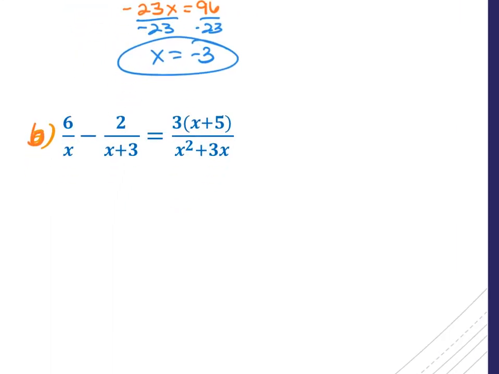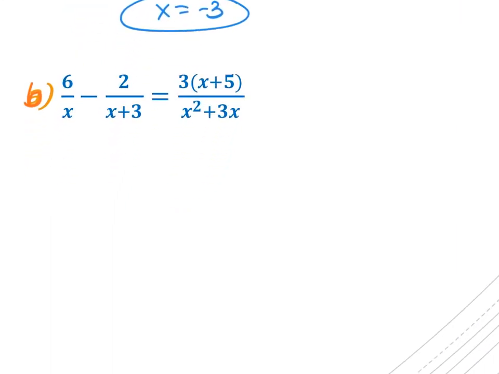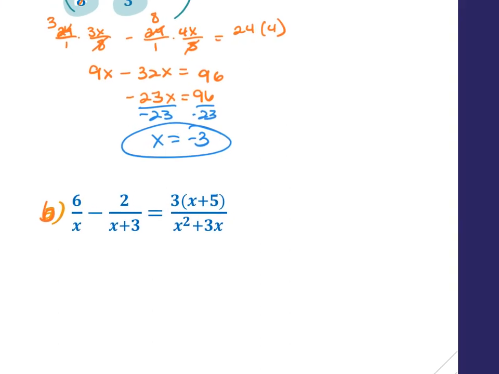Okay. So 6 over x minus 2 over x plus 1 equals 3 times x plus 5 over x squared plus 3x. So the first thing you gotta do is when you've got variables in the denominator. Did I not do that right? You're totally right. That does not simplify.